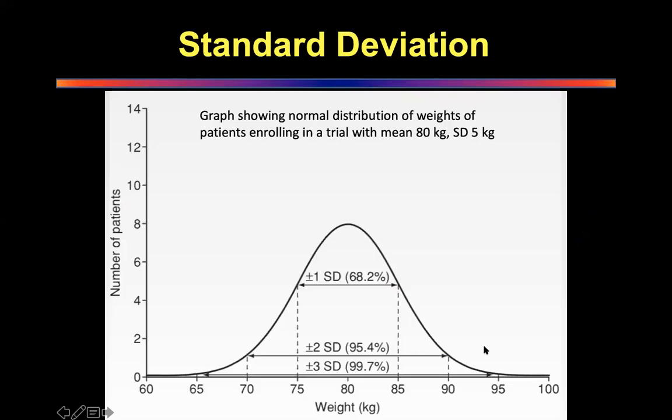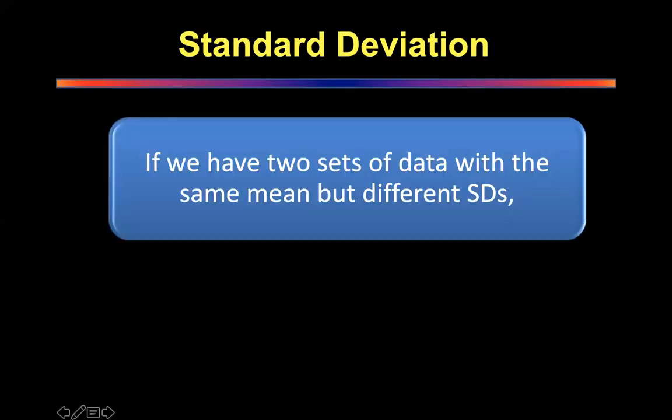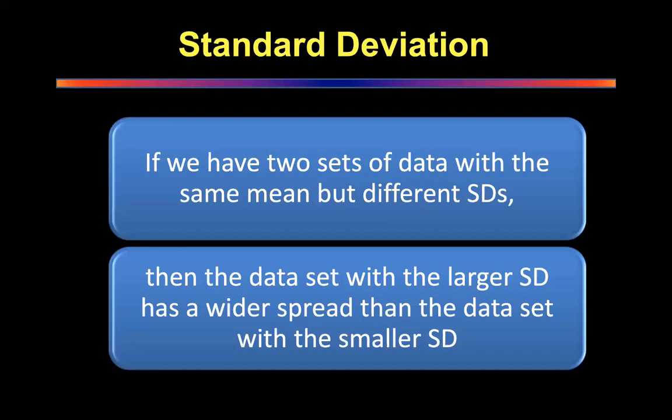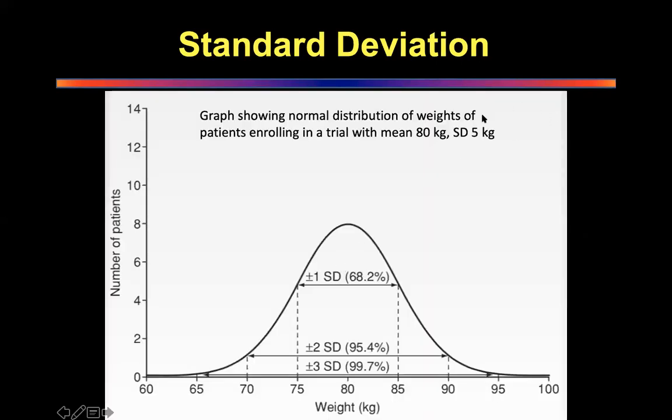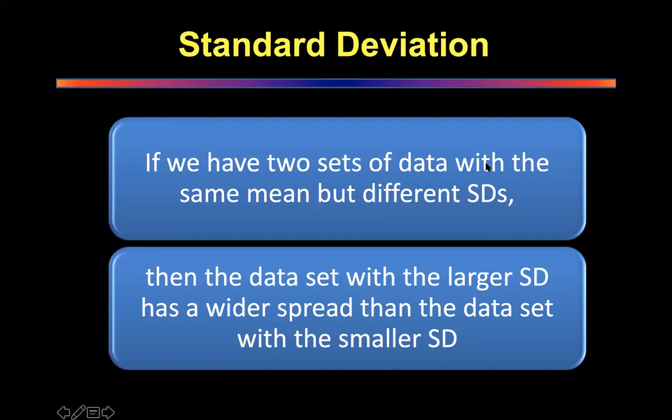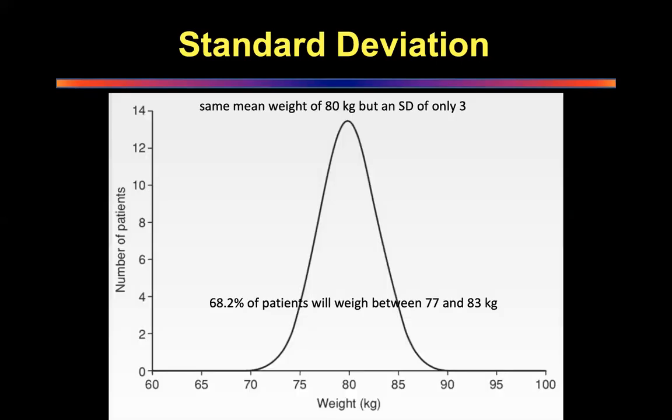So I'll just come back to this. Look at this graph, keep this in mind, okay? If you had two separate sets of data with different standard deviation, so instead of using 5, here they used a standard deviation of 3. Look at the shape of the graph that has changed. Can you see that?